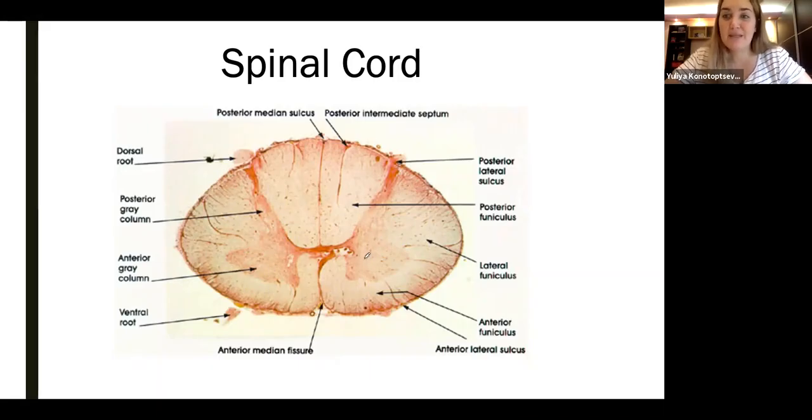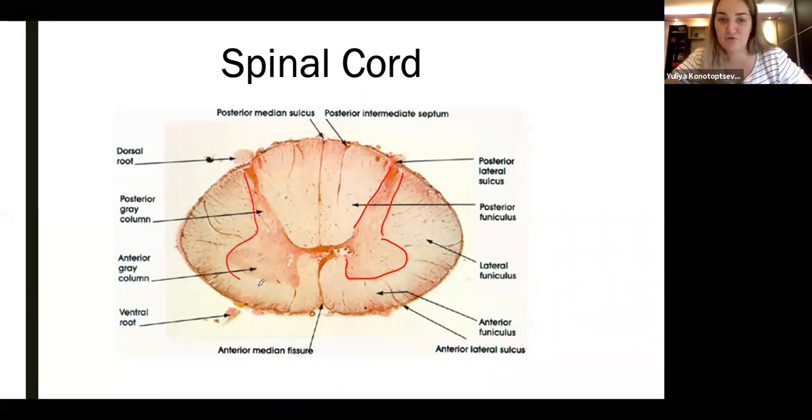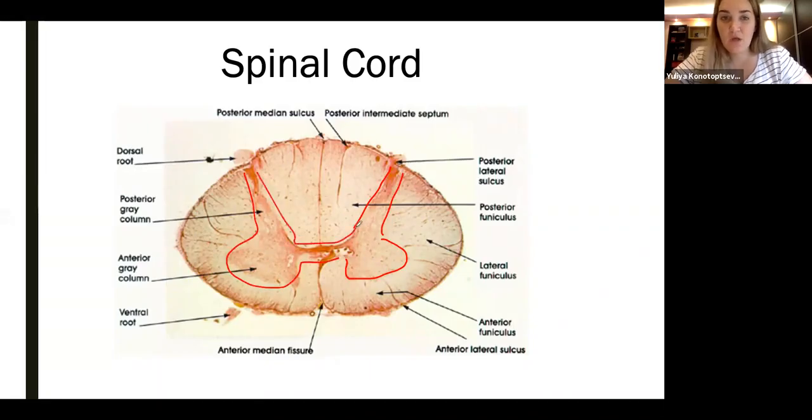The gray matter in the spinal cord is organized into horns. We have the ventral or anterior horn, and we have the dorsal or posterior horn, right? You can see that it has this particular butterfly appearance of the gray matter.